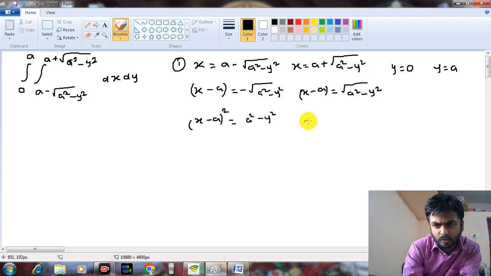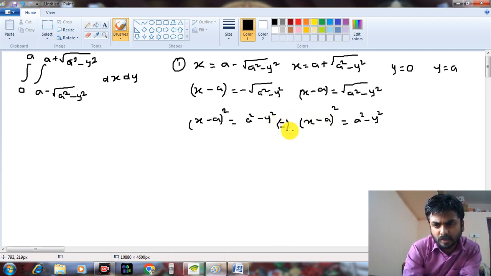Here also we are having x minus a the whole square equal to a square minus y square, and both these equations are equal. So this implies this and this implies this.